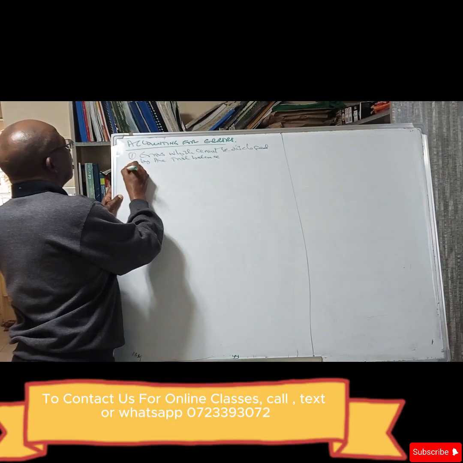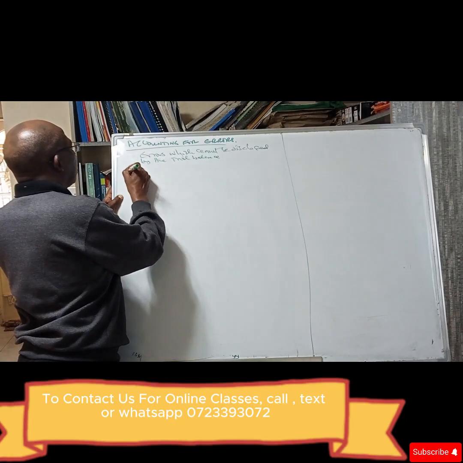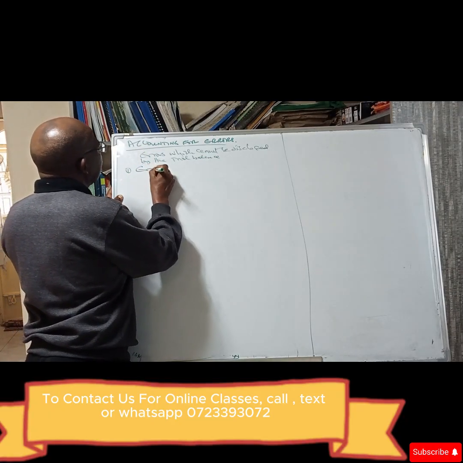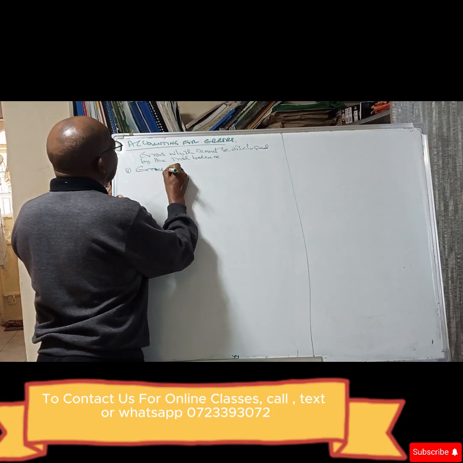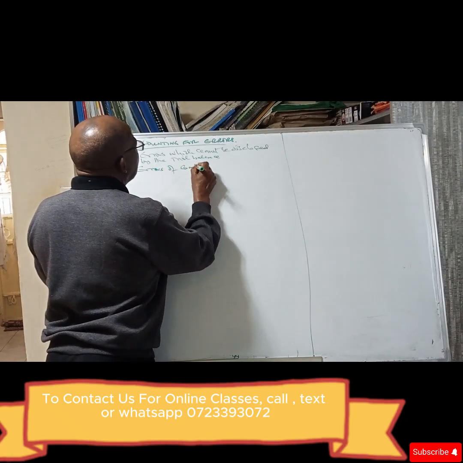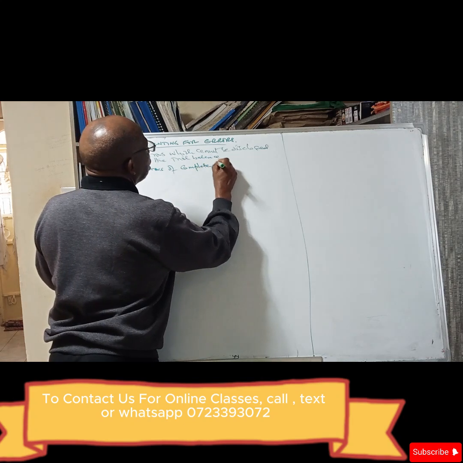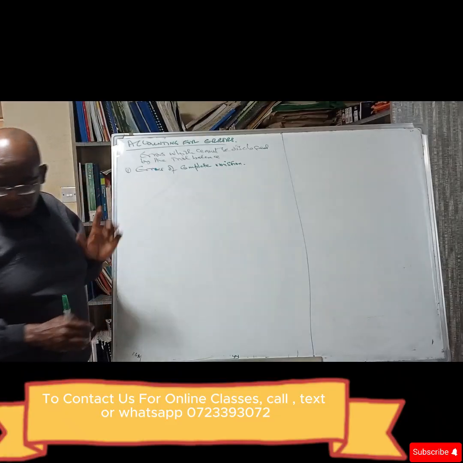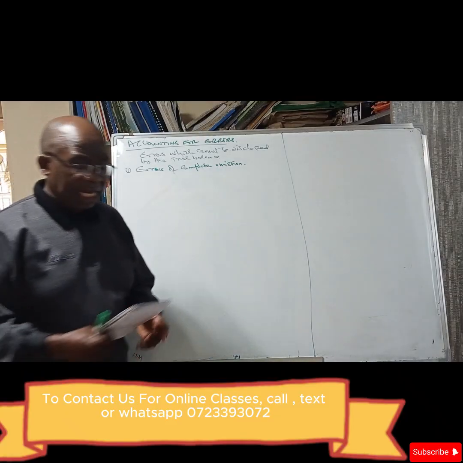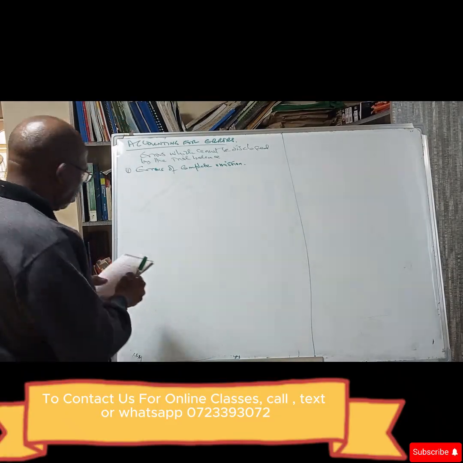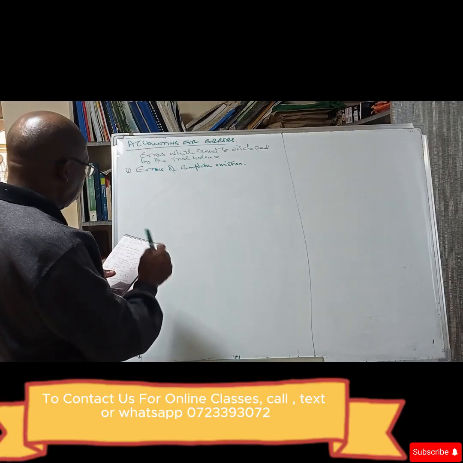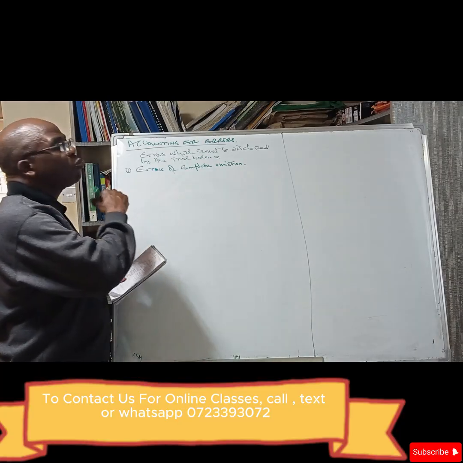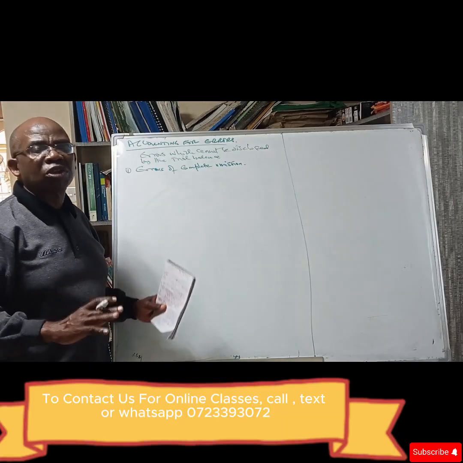Number one, it is called errors of complete omission. Complete omission. Now, an error of complete omission is an error whereby the transaction is completely omitted in the books of account.